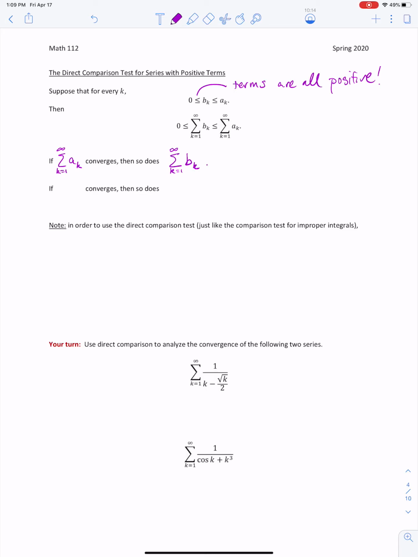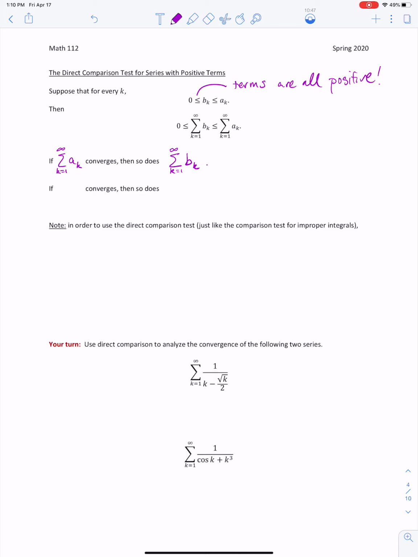And again, what we're saying is that if we have a convergent series that's bigger than our unknown series at every term, then the unknown series must also converge because its sum is less than the sum of the BKs, which is finite.